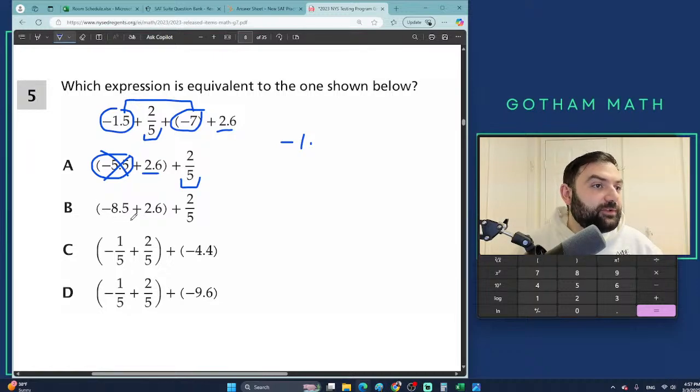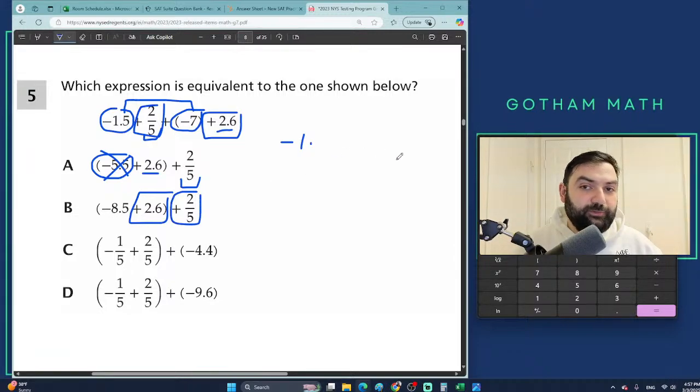Do we even have to go further? Everything matches, all signs match: plus 2.6, plus 2.6, plus 2 over 5, plus 2 over 5. So everything matches, and it's just minus 8.5, as we just got on our calculator by combining negative 1/5 and negative 7. So B will be the answer. We don't have to go to C and D.